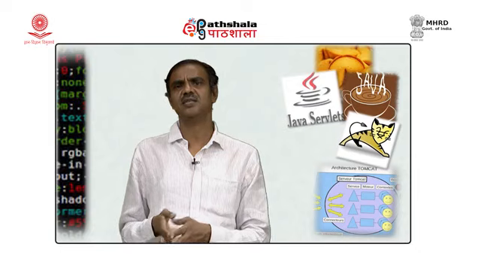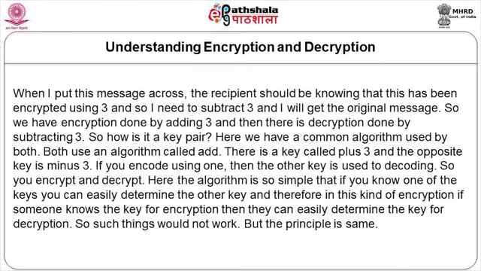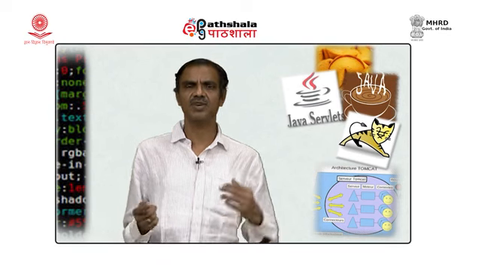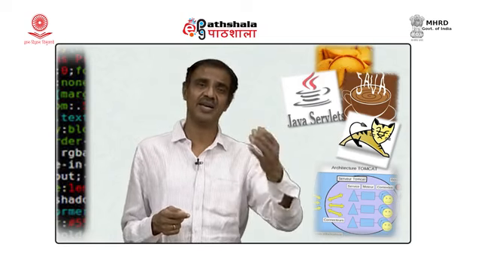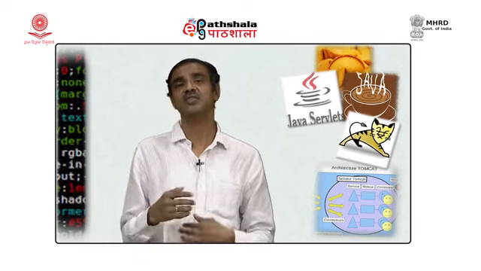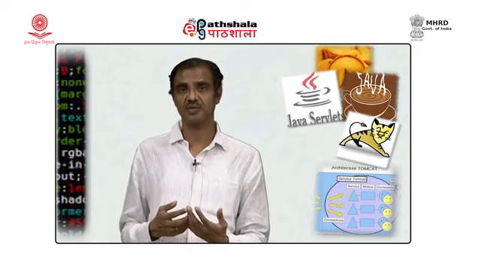When I put this message across, the recipient should know that this has been encrypted using 3, and therefore what I need to do is subtract 3 from everywhere, and then I will get the original message. So, we have encryption, which is done by adding 3, and there is decryption, which is about subtracting 3 from it.